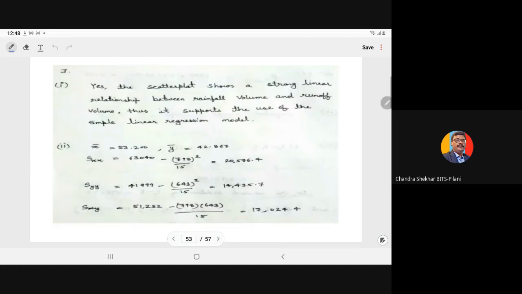Yes, the scatter plot shows a strong linear relation between rainfall volume and runoff volume, meaning if we have more rainfall, then we have more runoff. Thus it supports the use of the simple linear regression model.